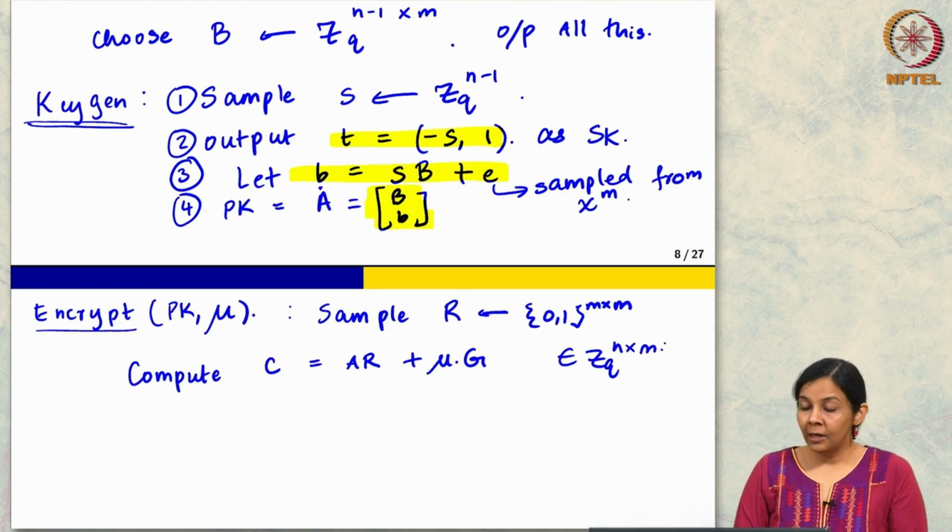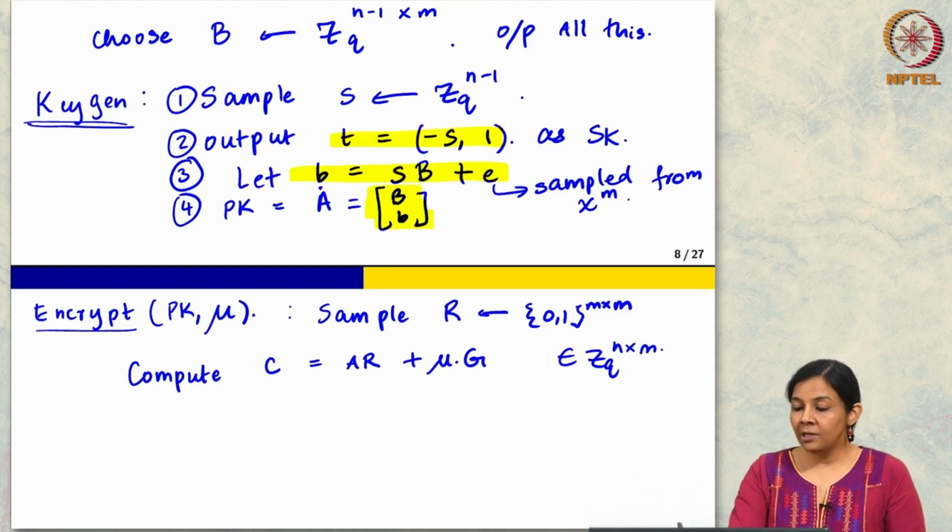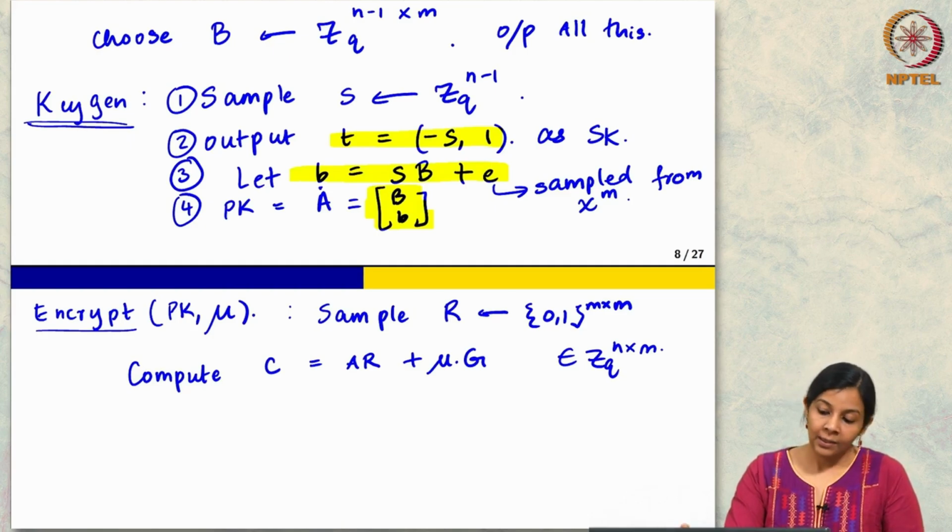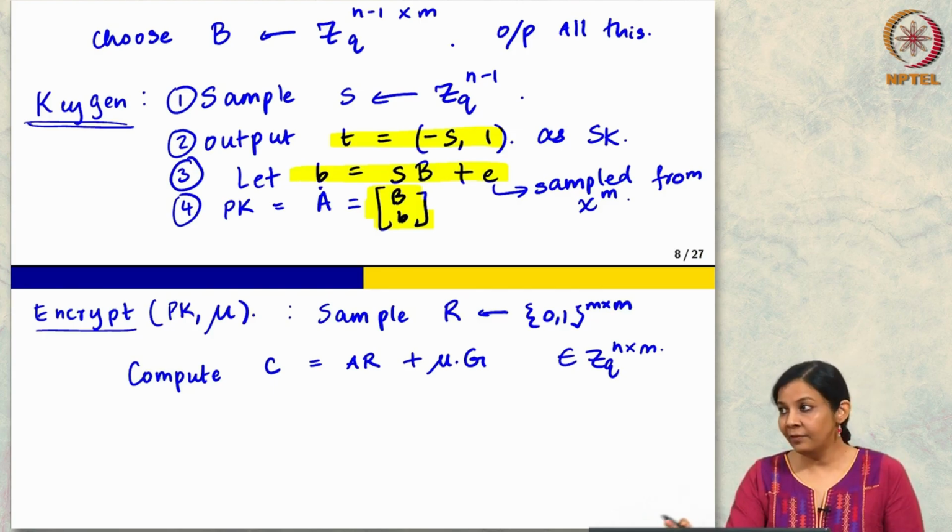Okay. So, the ciphertext is AR plus mu G, where A is, as we have seen how it is constructed, the public key, R is sampled binary random, okay, and G is the matrix we saw before, the powers of 2 matrix. Okay, this is really a very magical scheme. I mean, I have seen it for almost a decade now, and it is still surprising to me that such a simple scheme is fully homomorphic.